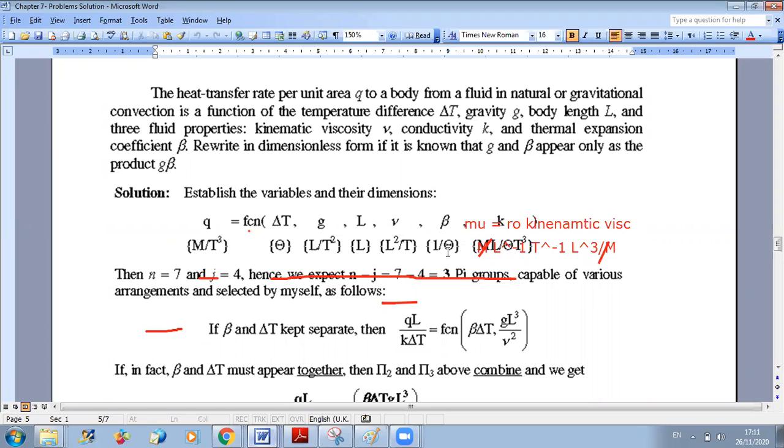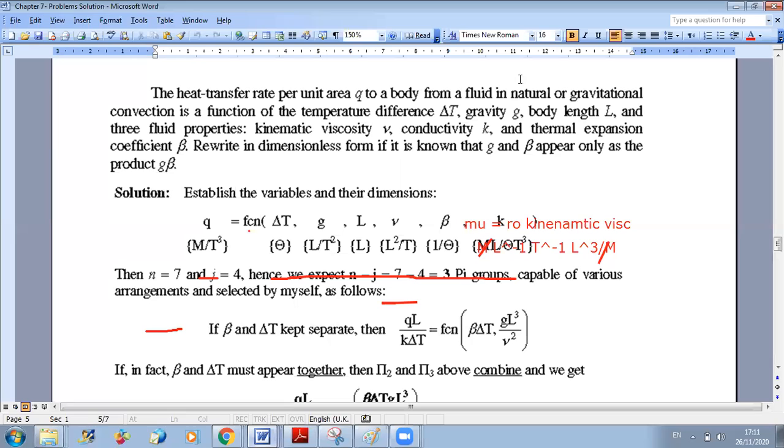So the dimension of beta is 1/theta. If you have any variable that seems not familiar to you, all you have to do is search for it, and you can find its unit. But in general, as I told you, in the exam we give you concepts that you already know.